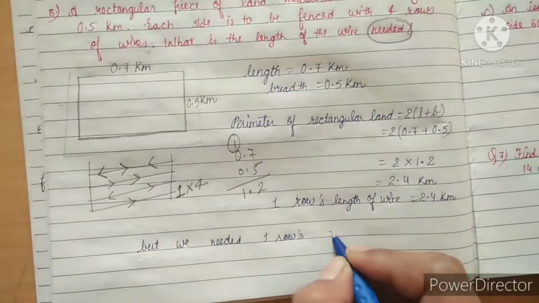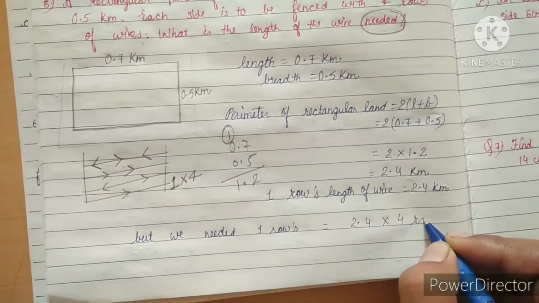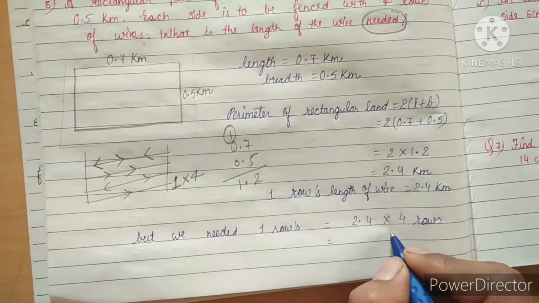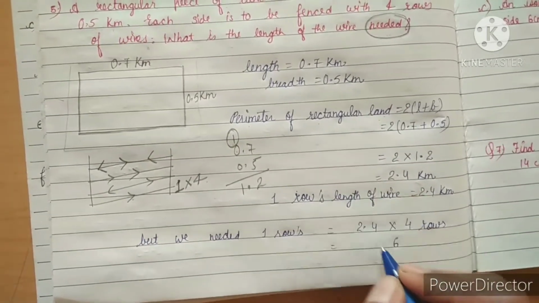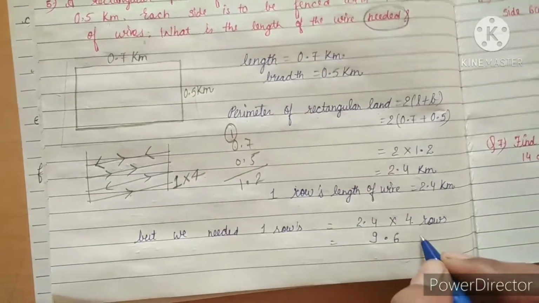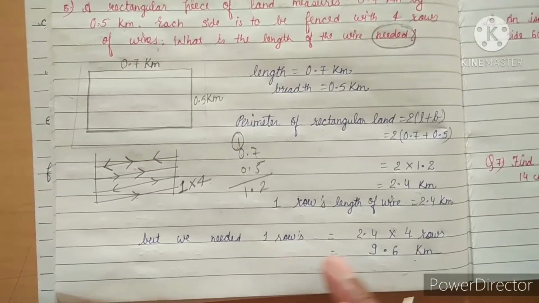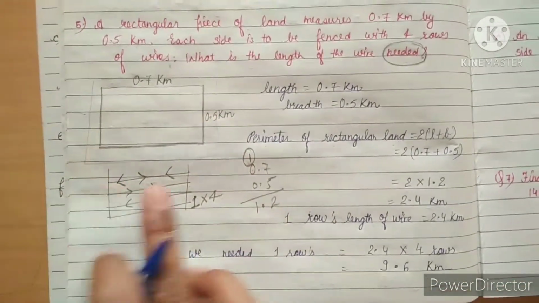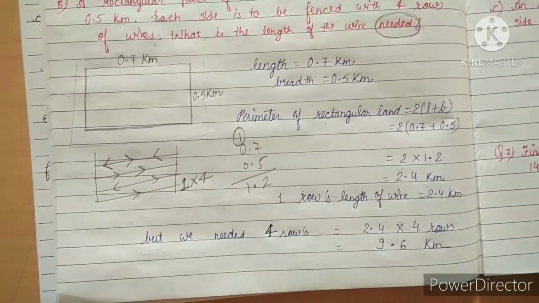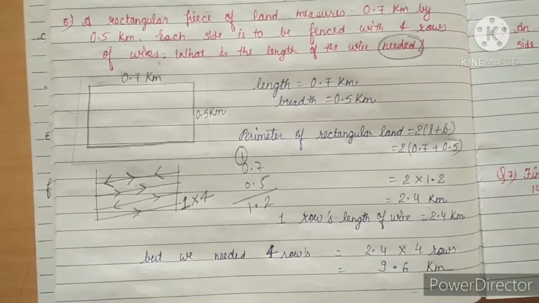So 2.4 multiplied by 4 rows: 4 4s are 16, 1 on the carry, decimal, 4 2s are 8 plus 1 is 9. We needed 9.6 kilometer of wire for fencing the land 4 times. So this is the solution of question number 5.